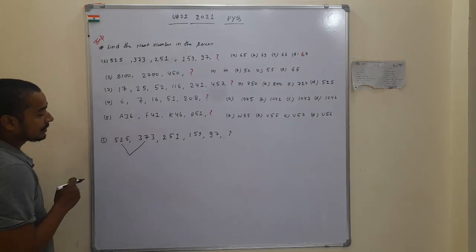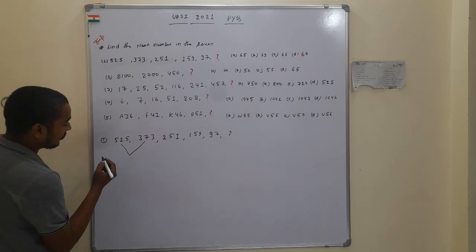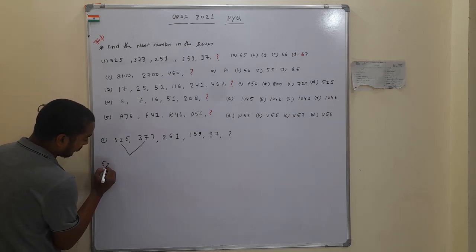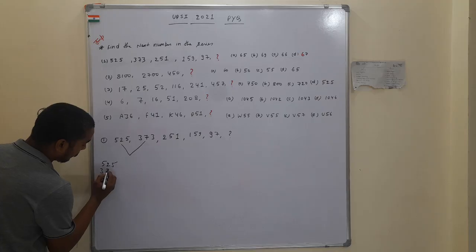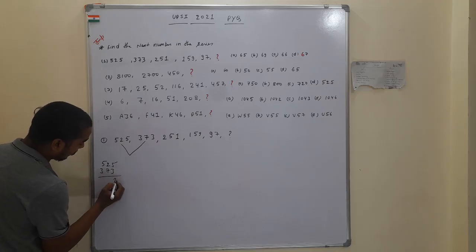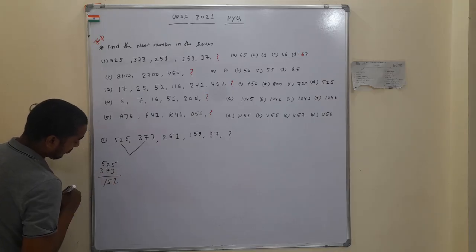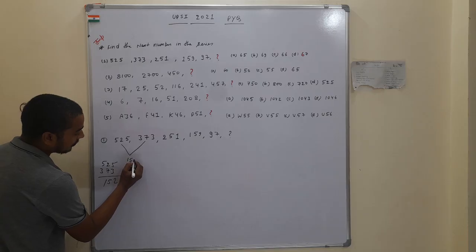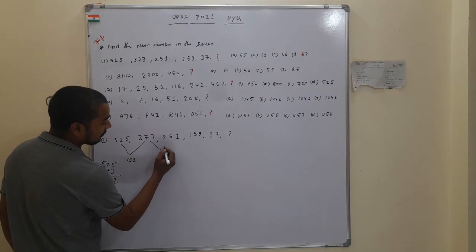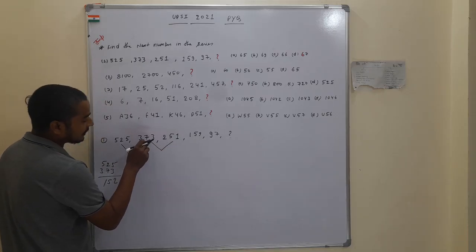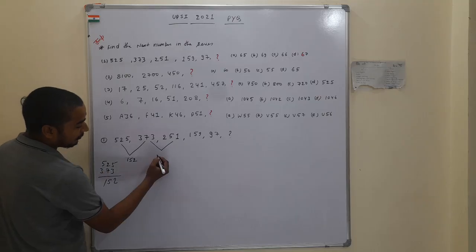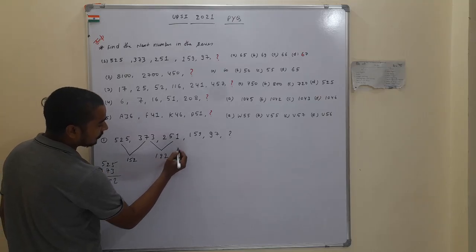525 minus 373, we get 152. Similarly, 373 minus 251, we get 122.